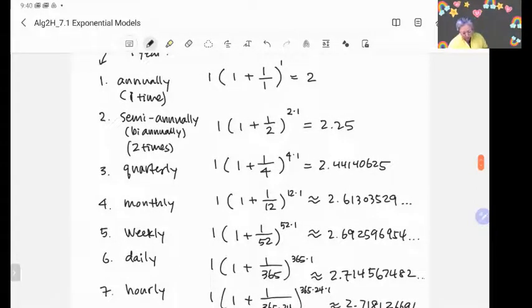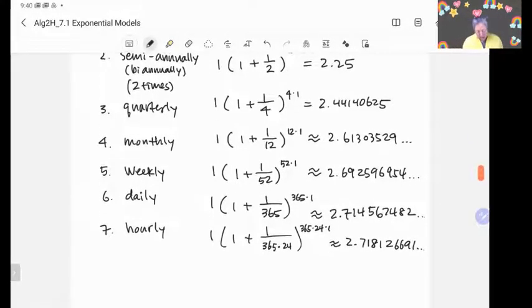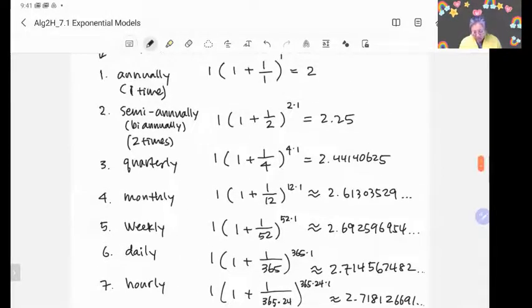So let's see here. From 2, it happens once a year. And if it gets more times happening, oh yeah, 8,760 hours in a year. Oh my God, okay. So then it does make a difference.